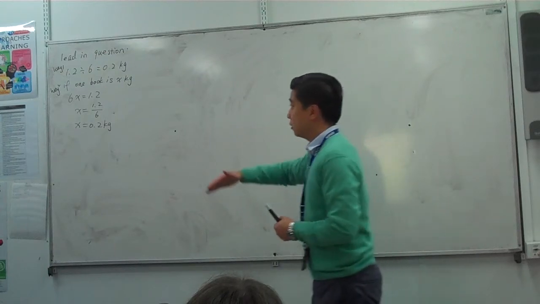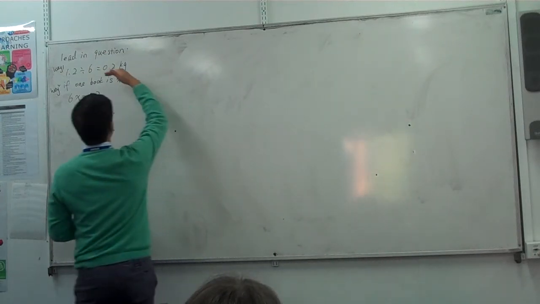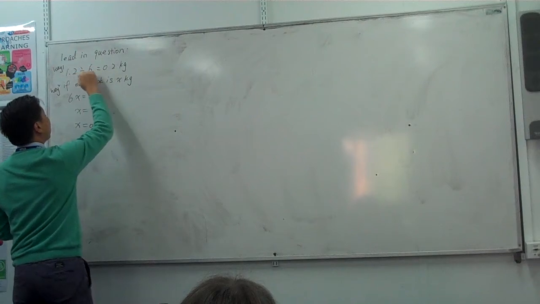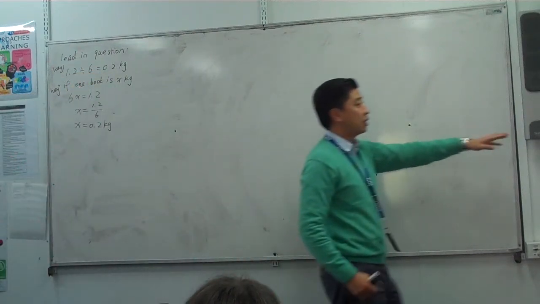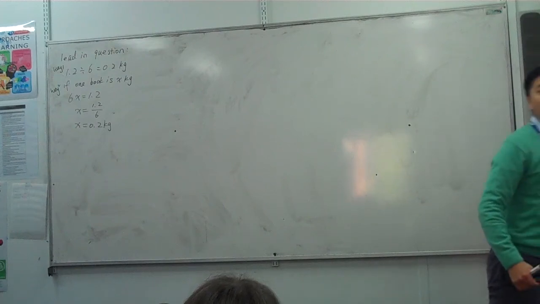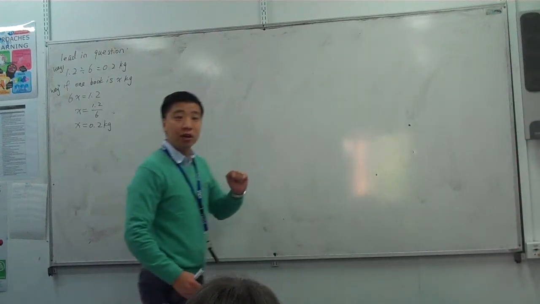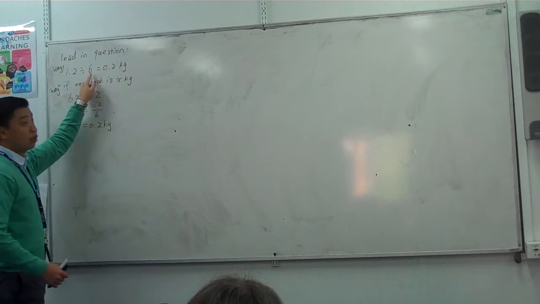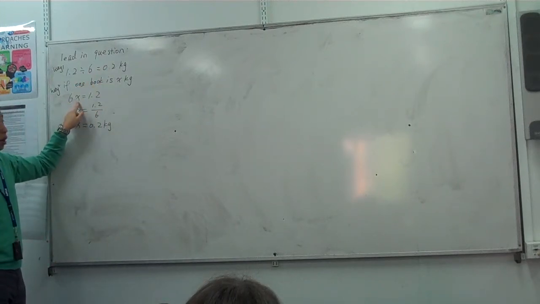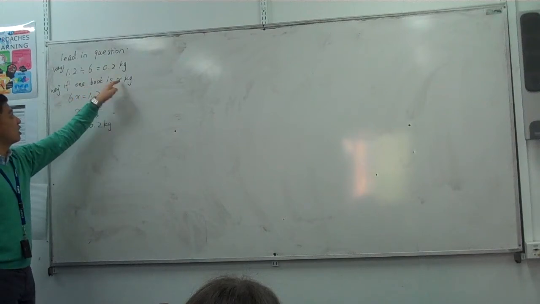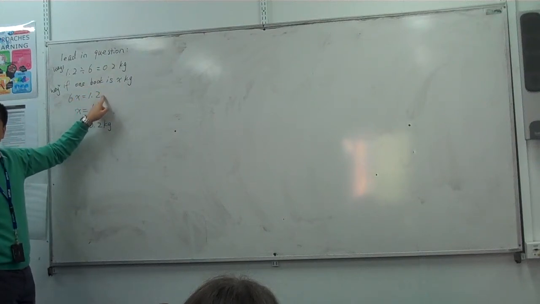Okay, now, and also let's have a look at these two ways. For this method, you have already got everything you are given. So you are given 6 books and you are given 1.2 kilo. So you use all the given conditions to work out the answer. For this one, do you know one book is some kilos at the moment?